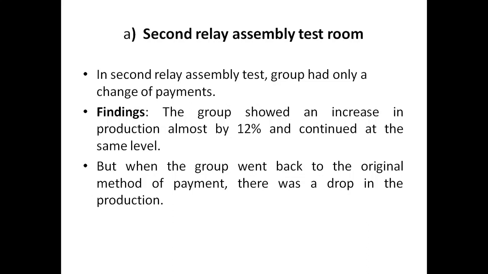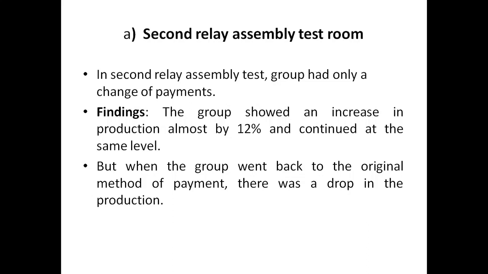The extension of the relay assembly test room was the second relay assembly test room experiment. Here, the original relay assembly test group had a change of environment as well as payments, whereas the second relay assembly test group had only a change of payment.